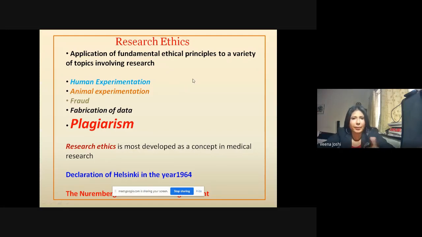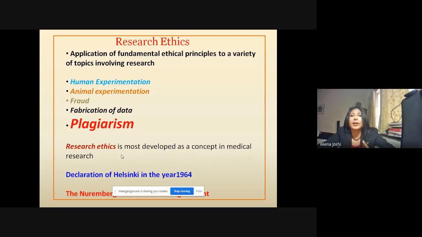Human experimentation is not allowed. Animal experimentation is not allowed. Fraud is not allowed. Fabrication of data is not allowed. Plagiarism: showing someone's work as my own, or in simple Hindi, stealing it. All this comes under ethics.